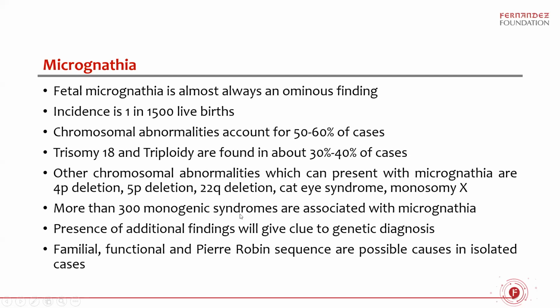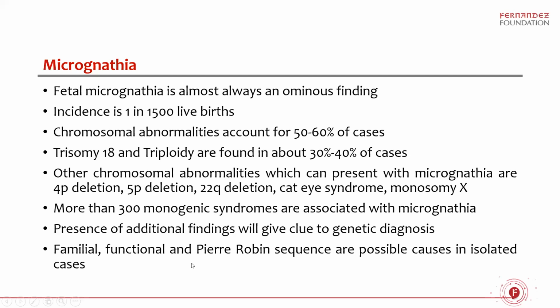When we look into the monogenic disorders, more than 300 monogenic syndromes are associated with micrognathia, and there is a big list, out of which we can say that syndromic monogenic disorders, some connective tissue disorders, some skeletal dysplasias, and some neuromuscular disorders form a broad category based on the classification. When we find an additional finding other than micrognathia, it gives a clue to these monogenic or chromosomal disorders.